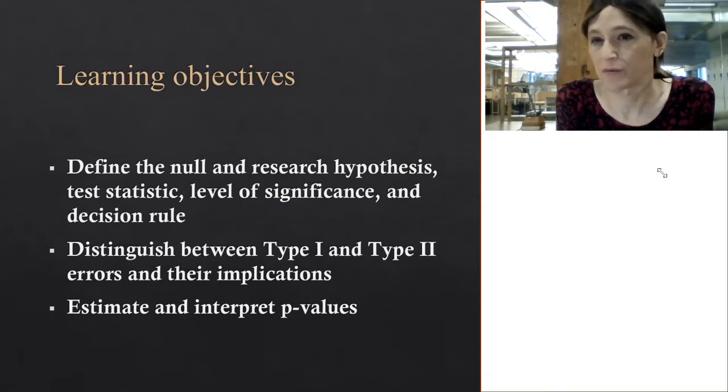Is the difference that we observe in this data likely to be real? If we were to calculate two group means and we found them to be different, how likely is it that those two means are actually different? Or were they just by chance different from the way in which we sampled the study?